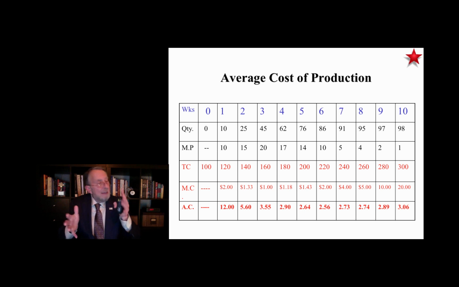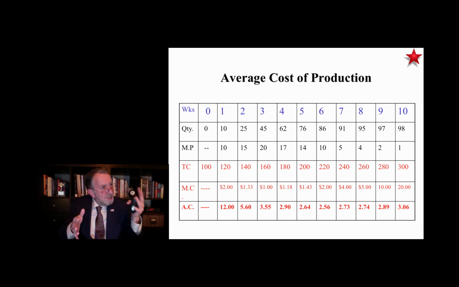If I hire a second worker, output is now 25, goes up by more than double, and my per unit cost falls by more than a half, 5.60. Three workers is a total of 45 units divided into total cost of 160, 3.55 per unit.